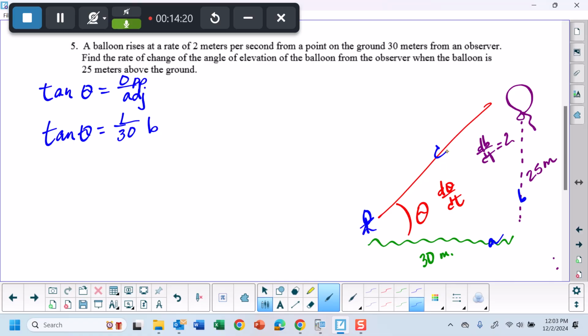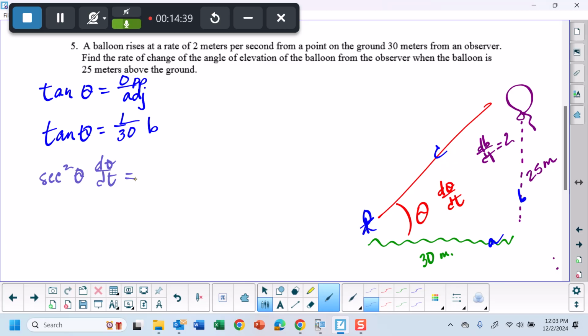All right, so let's go ahead and just dive in and take the derivative. So the derivative of tangent is going to be secant squared of theta with the change in theta compared to time. So that's going to be my derivative of that value.